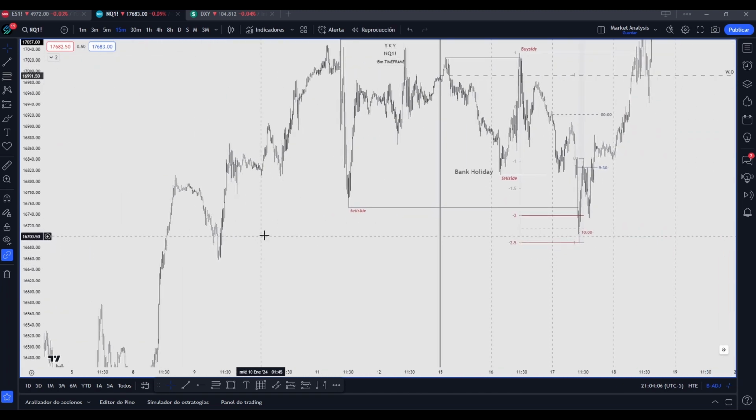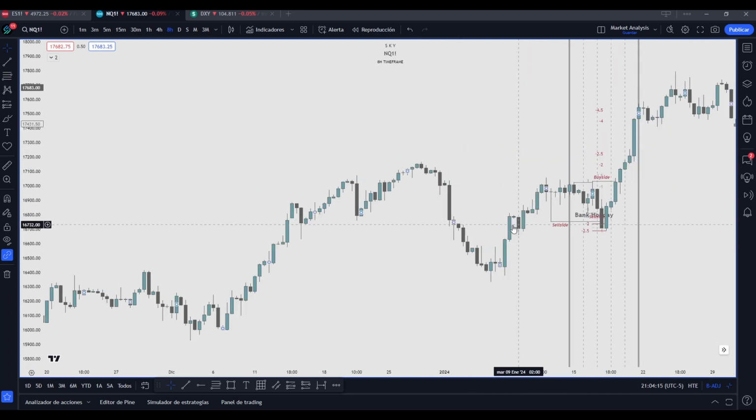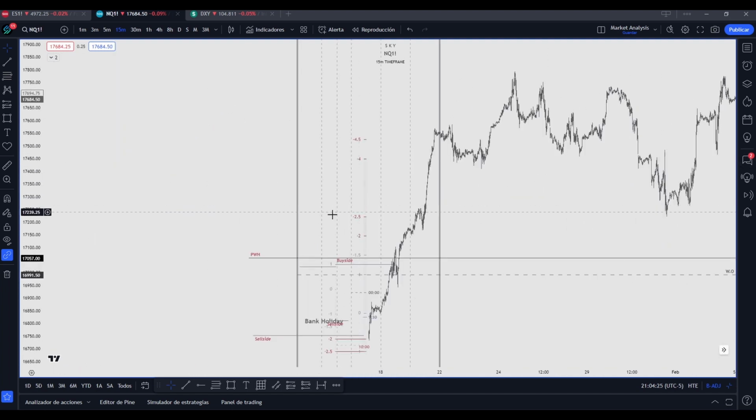Plus, we have sell side liquidity near here, and I think we have some higher time frame fair value gap or something. Yeah, we have a fair value gap here and an order block. So let's jump back again.